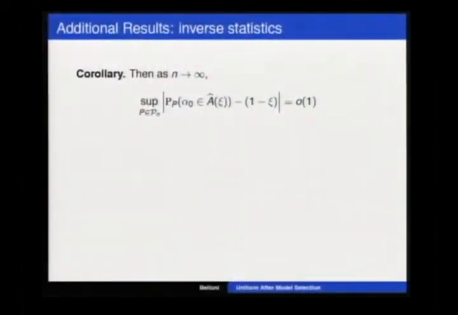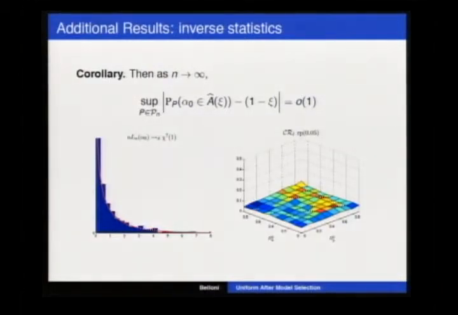But we can show that it will have the right coverage uniformly across the data generating processes. And that's typically the picture that goes with it. That's the chi-square, red line. And this is the approximation that we get in finite samples through Monte Carlo. And this is the coverage performance of this other confidence region that we get.